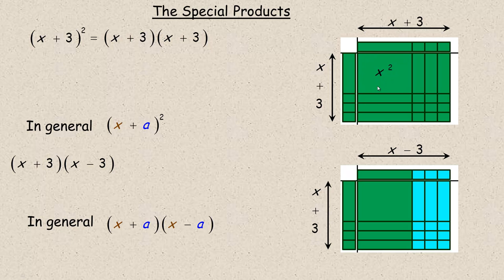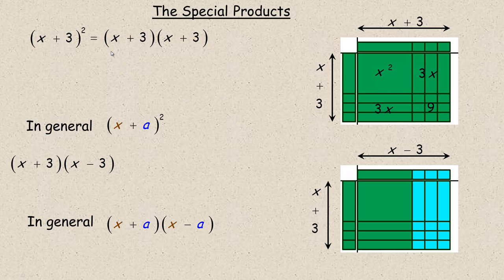Depending on the device you look at this on, it might not look like a square, but it's supposed to be a square because these two dimensions are the same. And so this area over here is 3x. There's 3 x's here because it's x times 3, which would be 3x. And the same with this one here. It's 3 times x long, so that would have an area of 3x there. And then this is 9 because it's a 3 by 3 square. 3 times 3 is 9.